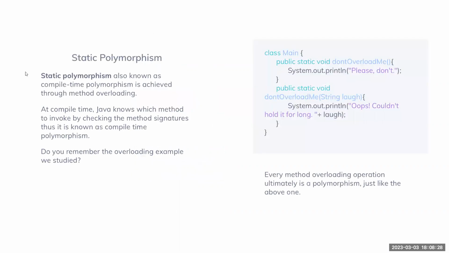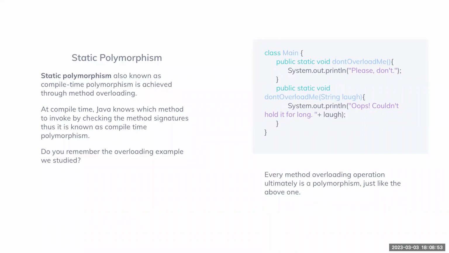So what is static polymorphism? Static polymorphism, also known as compile time polymorphism, is achieved through method overloading. At compile time, Java knows which method to invoke by checking the method signatures. Thus, it is known as compile time polymorphism.